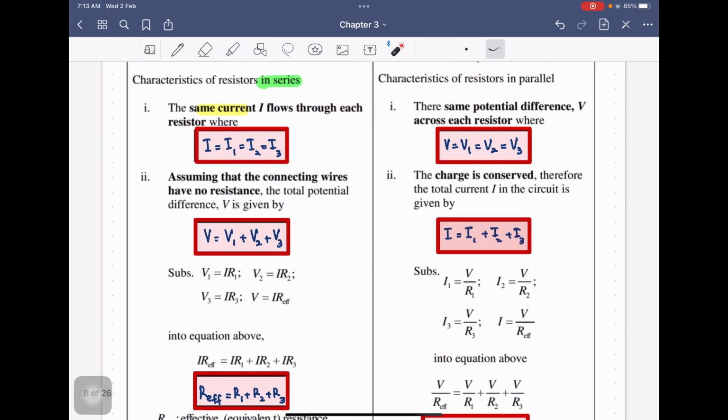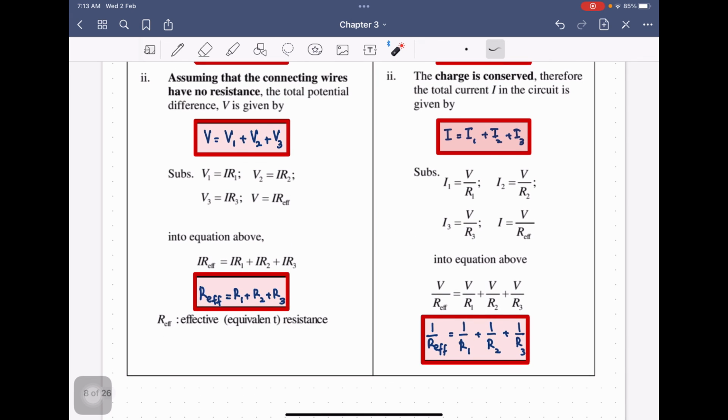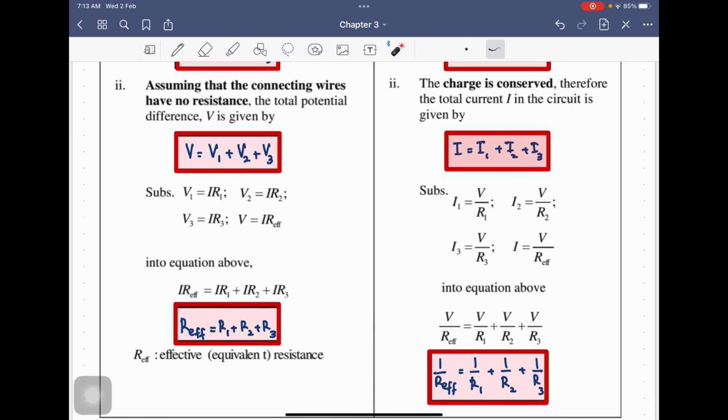Based on both equation above, so finally kita akan dapat equation R effective untuk gabungan secara sesiri. R effective for resistor in series, equationnya adalah R1 plus R2 plus R3. Dia terbalik dengan kapasitor. Kalau dulu kapasitor equation untuk parallel, tapi untuk resistor, ini equation untuk series.